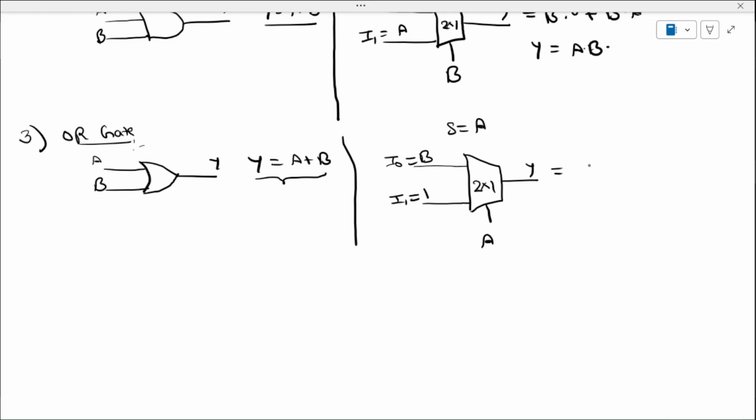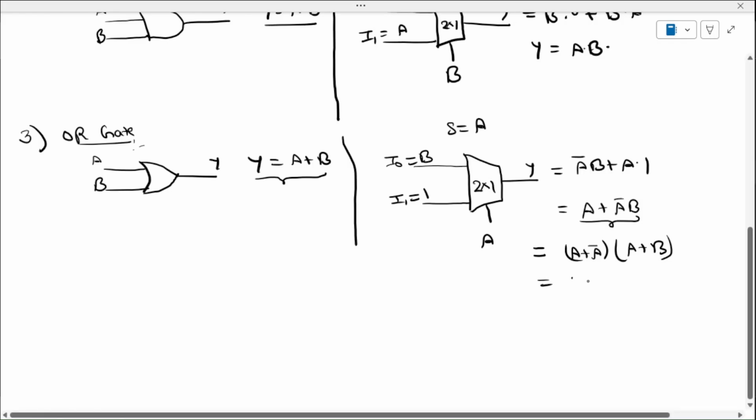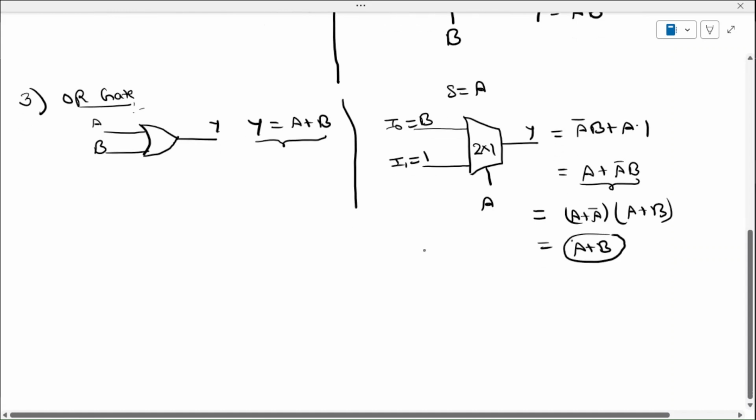The final equation will be Y equals A bar B plus A dot 1. This will be A plus A bar B. By the distributive law, this is modified as A plus A bar times A plus B. So A plus A bar is 1. The final answer will be A plus B.